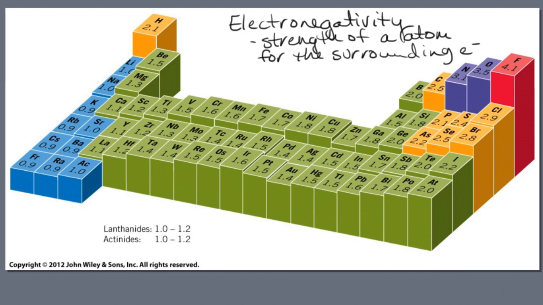Some of the elements are going to be stronger than others. On this table, it does a nice job of shading some of the different elements so that we can quickly see which ones are fairly comparable to each other. All of the green ones, for example, are quite close in electronegativity, so they have been shaded in green.